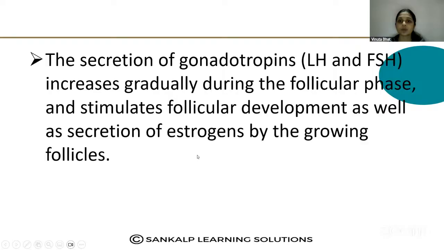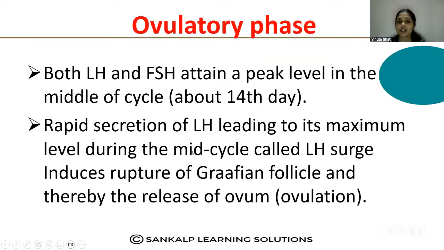Then the ovulatory phase: LH and FSH secretion becomes very high around the 14th day, which causes the rupture of the Graafian follicle and the release of the secondary oocyte. So that is the ovulatory phase.